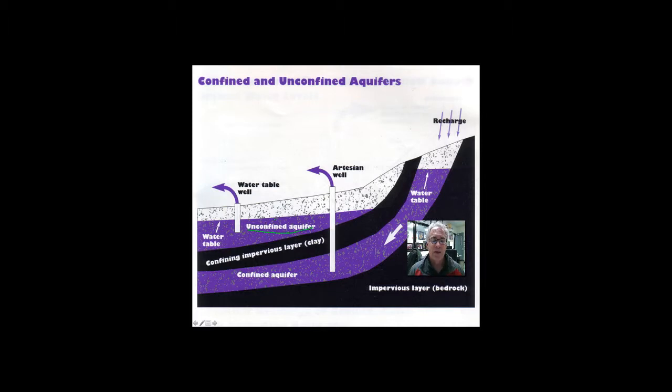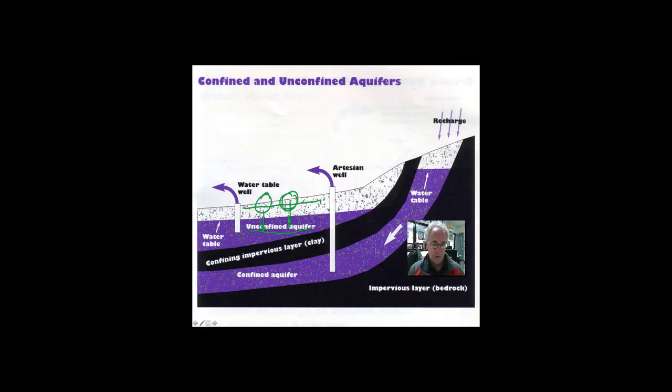That means they don't have any confining layer above them. So they're typically not under pressure. The problem with these kinds of aquifers is they can get dirty quickly because depending on what you bury in the ground or what you dump on the ground, it could leach out and end up in your unconfined aquifer. And typically ag wells and house wells tend to be in the unconfined space.